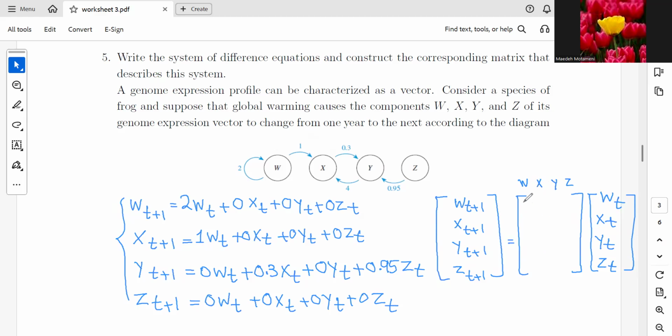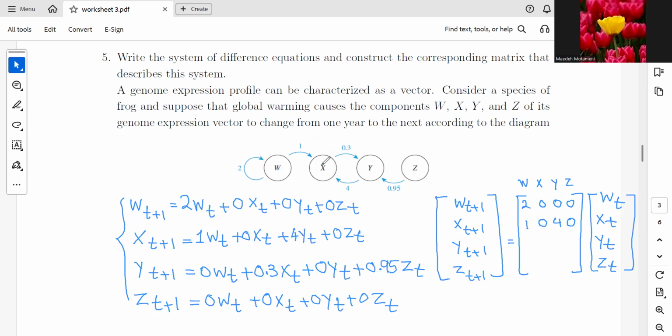So for the first one, the coefficients that we have are 2, 0, 0, 0. Next one will be 1, 0, 4, 0. Okay, we missed something here. This one is 4.